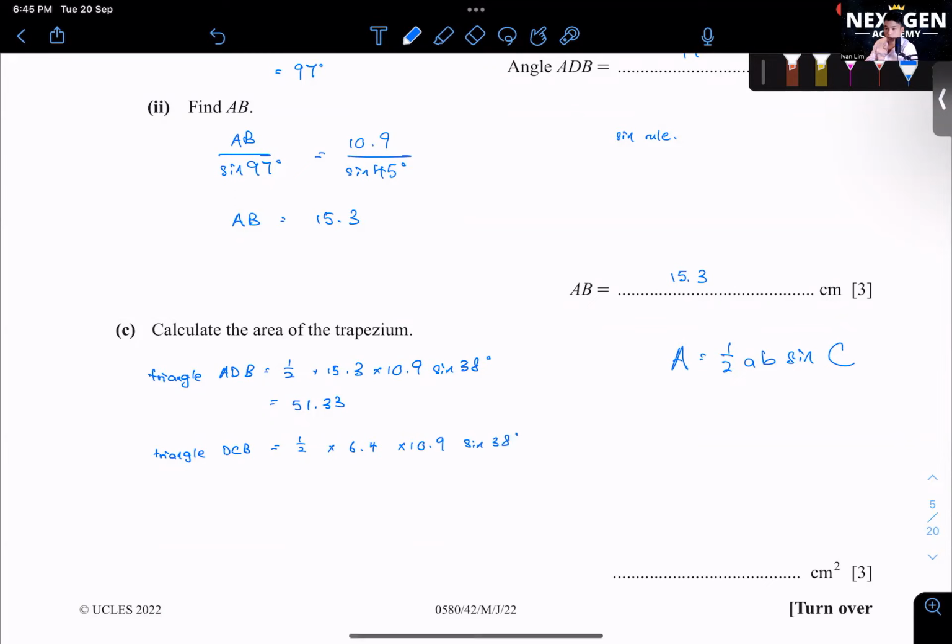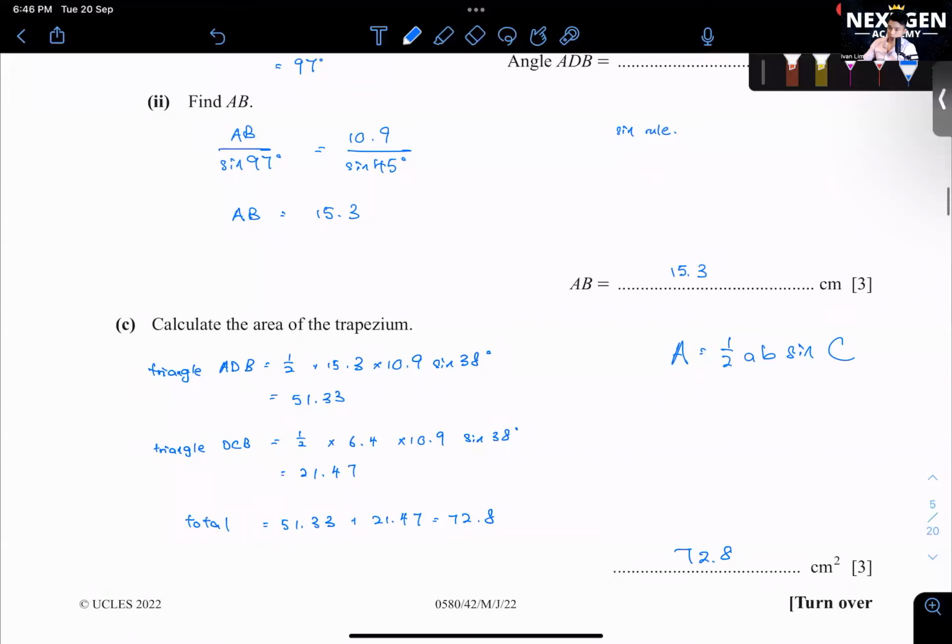I'm just putting into the formula. You have to memorize it. 21.47. Total, add both of it together. 51.33 plus 21.47, you'll get 72.8. Okay, 72.8 cm squared.